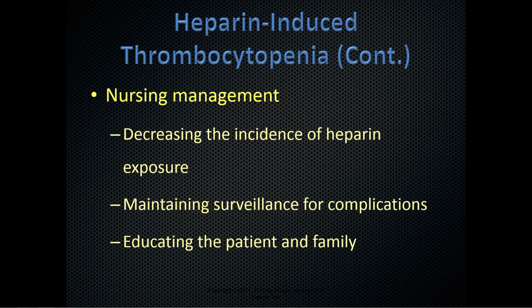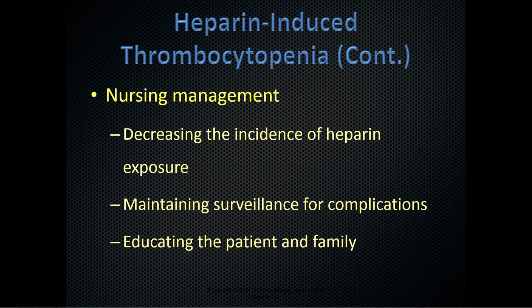The nursing management of the patient with HIT incorporates a variety of nursing diagnoses, and the nursing interventions include decreasing the incidence of heparin exposure, maintaining surveillance for complications, providing comfort and emotional support, and educating the patient and family about the disease process and potential outcomes, just preparing them.